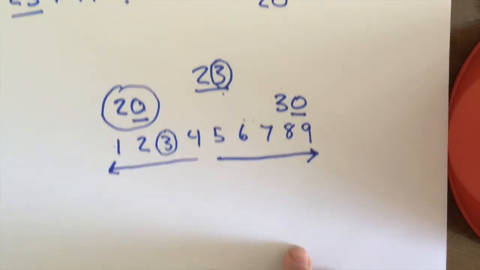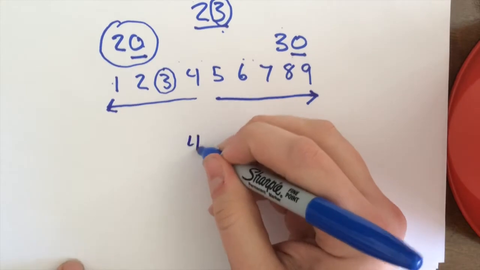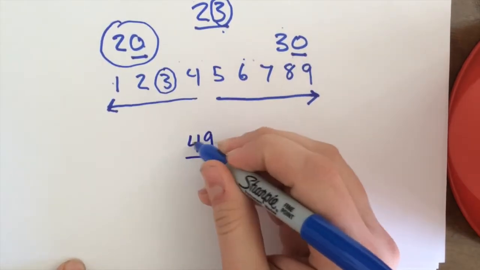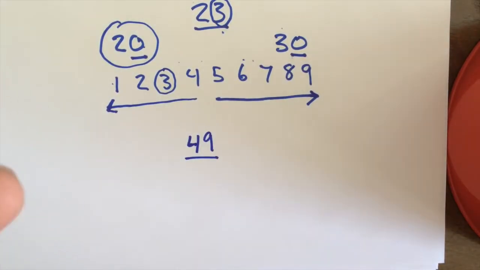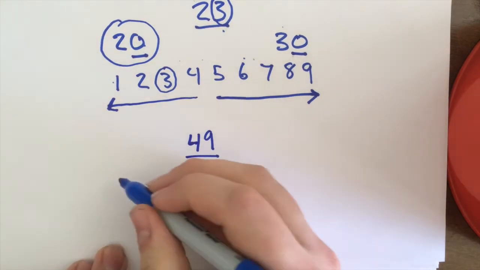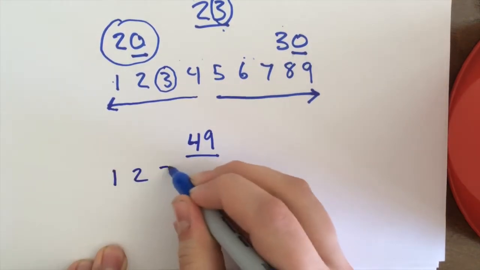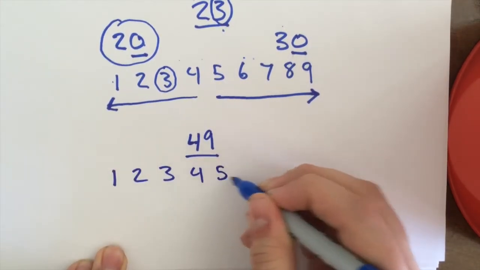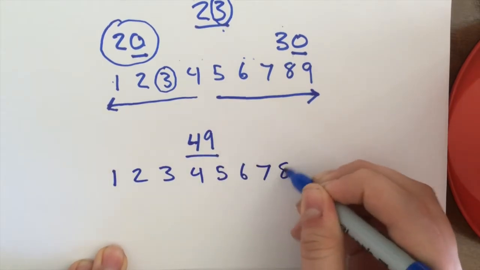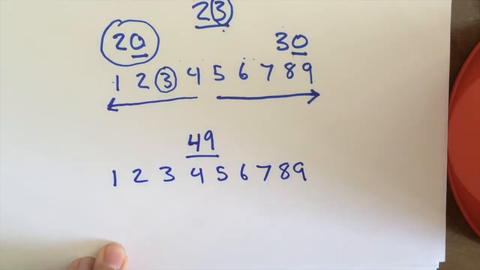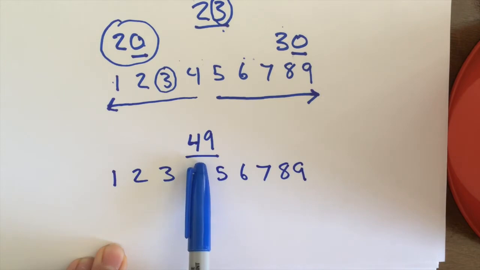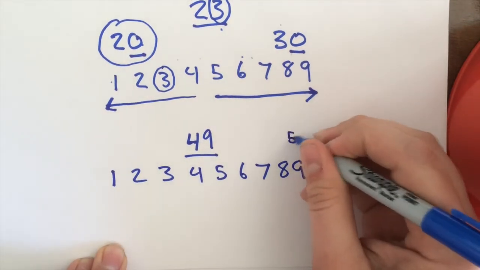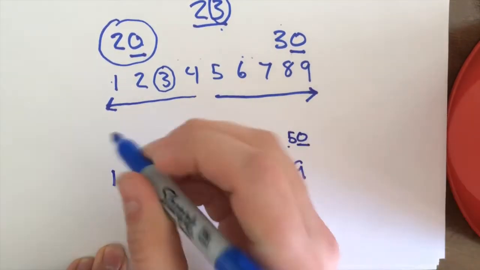Now let's do the number 49. Again, every number in their ones place will always have either 1, 2, 3, 4, 5, 6, 7, 8, 9, or 0. The closest tens to 49 are 50 and 40.